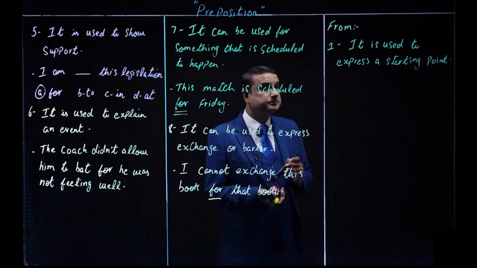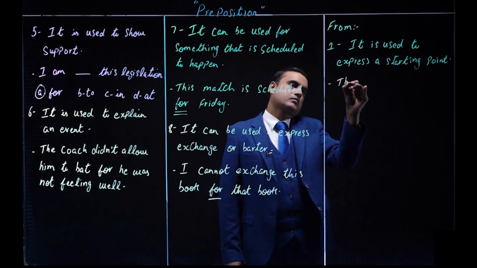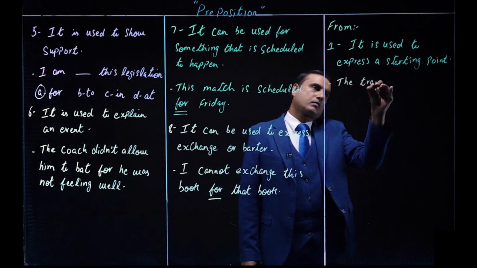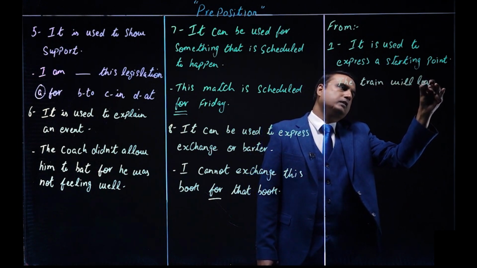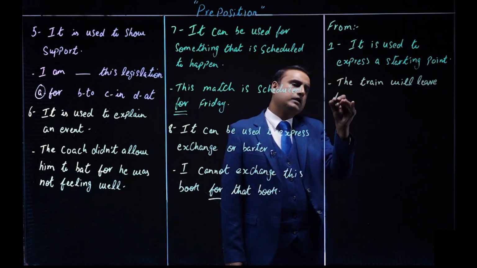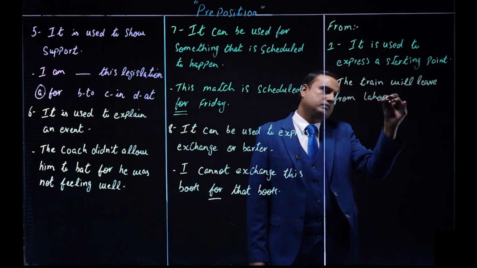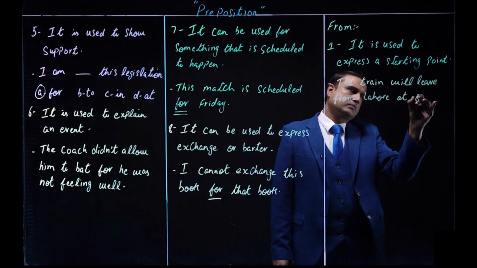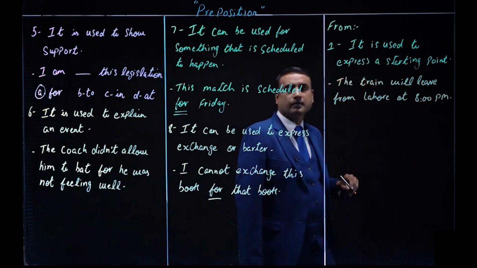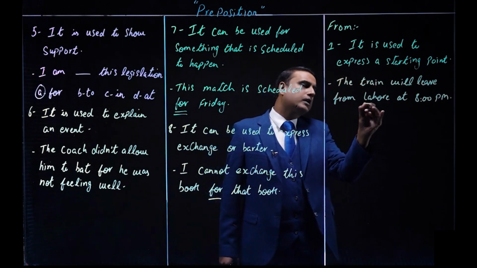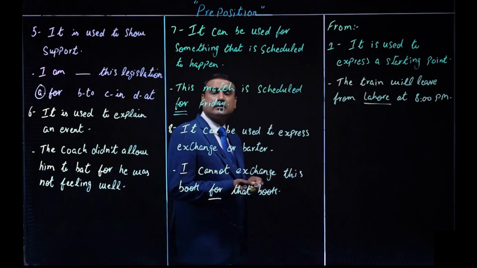For example, the train will leave from Lahore at 8 p.m. Now here Lahore is the starting point of that train. That is why we are using from.